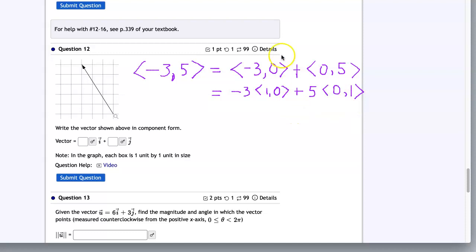And you may wonder why we would do that, and it's because of the definitions of the i vector and the j vector. So let me put those up for you. The i vector is 1, 0, and the j vector is 0, 1. Now if you look on page 339, you will notice that the book writes these a little differently. It writes it as a bold lowercase i and a bold lowercase j.